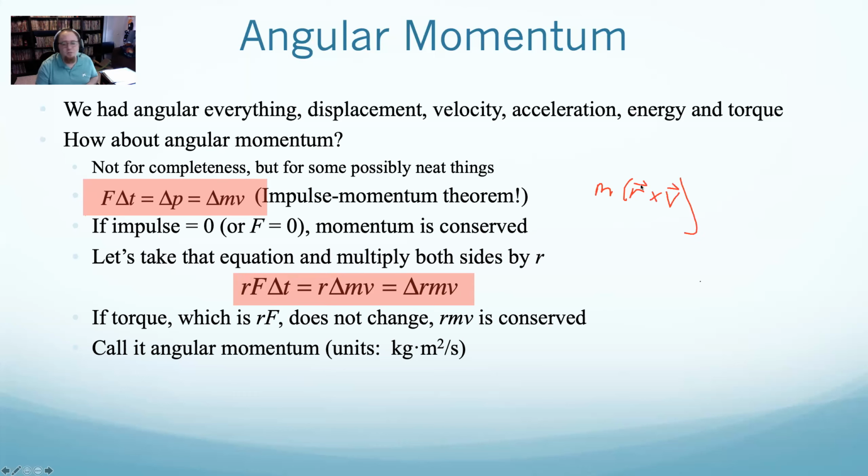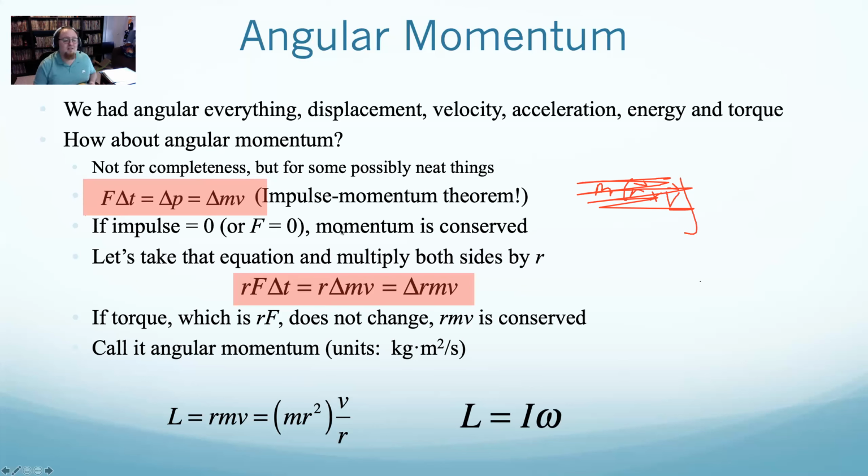But since we don't want to deal with calculus, I'm going to take that equation, r m v, and put in an extra factor of r. See, r m v is the same as m r squared times v over r, because one of my r's can cancel out. And m r squared, that's our basis for, sorry, that's our basis for moment of inertia. And v over r, that's angular velocity.